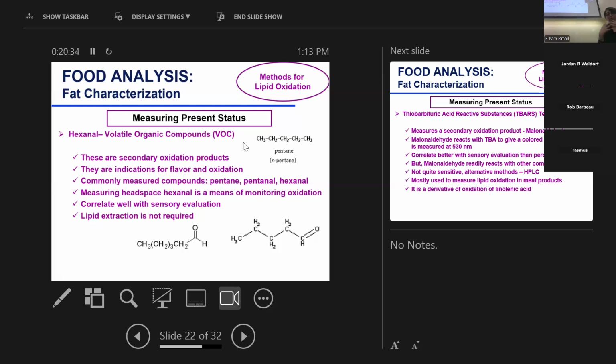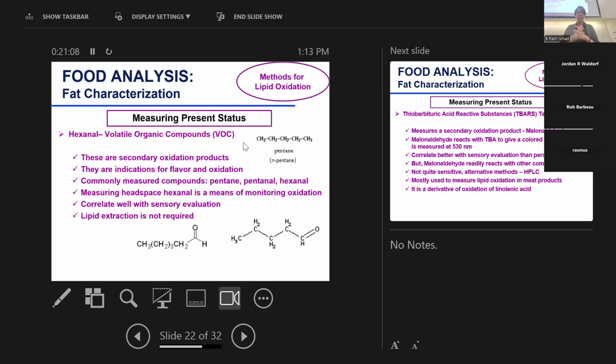So if you have the flour, you don't need to get the oil out to measure hexanal. You can put it in a container and then you measure the headspace. That means after you let it equilibrate in a container, you get your syringe and take a little bit of the volatile environment above the sample in your tube, and then inject it directly to the GC, which makes it a very, very easy method to do.